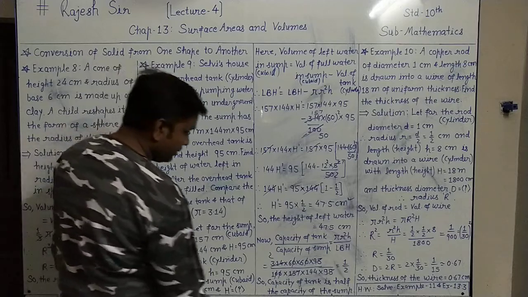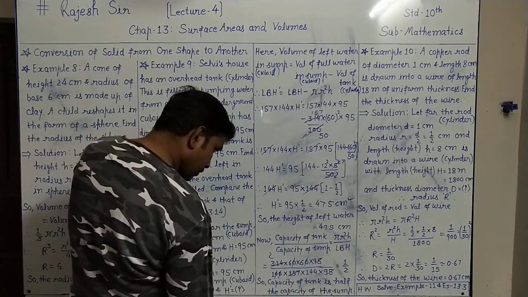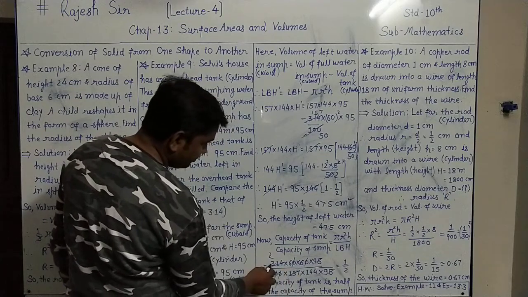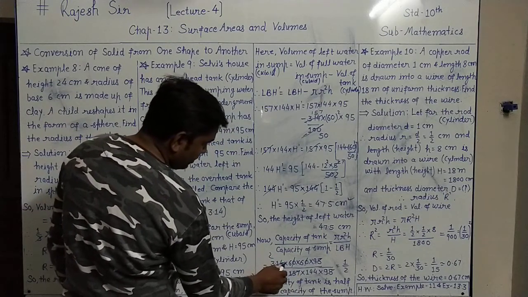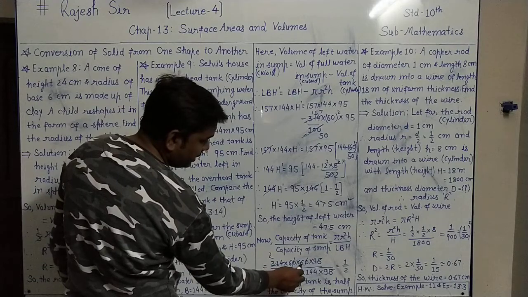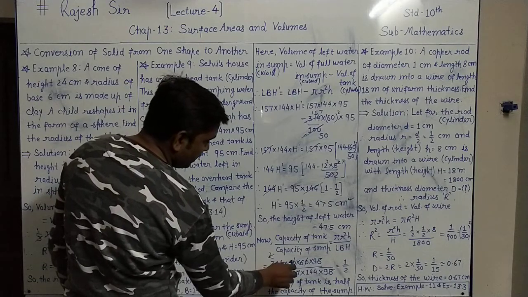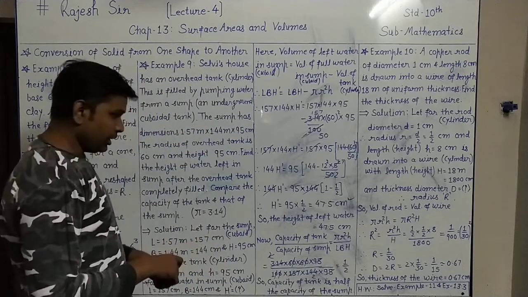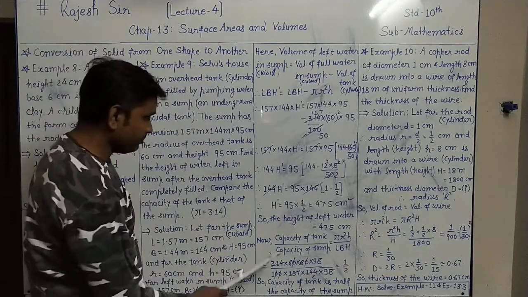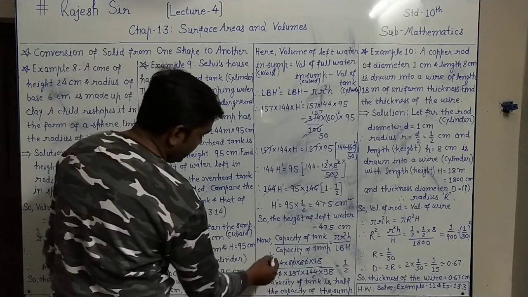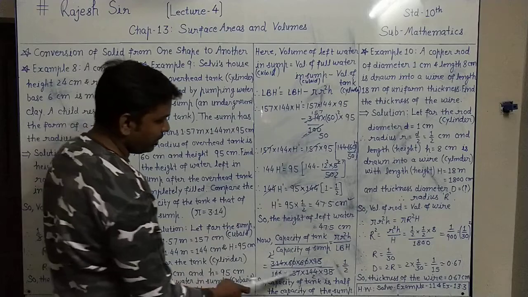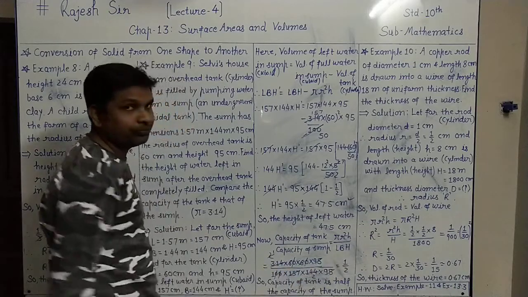Then what is remaining here? 6 6s are 36, twos are 72, and 72 twos are 144. So up there nothing is remaining, so 1, and down there 2 remaining. So overall simplification is 1 by 2.